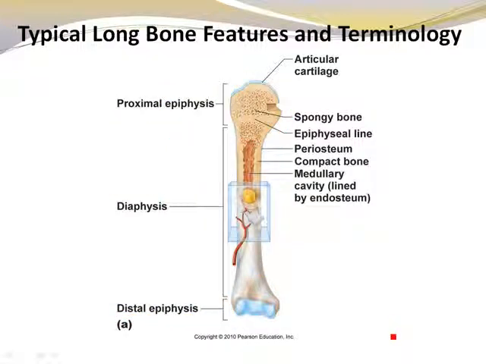I'm going to erase all that stuff. What are some other things that we see on here? Notice at the ends of the epiphyses, you've got some of this blue tissue drawn on there, and that is hyaline cartilage.